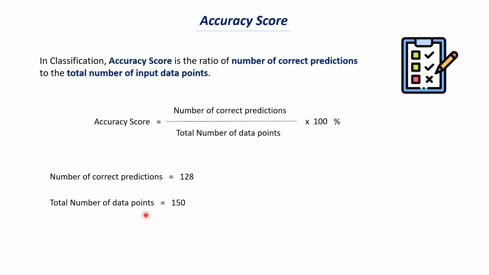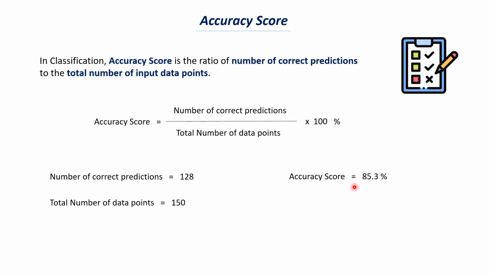Out of these 150 data points, the model has predicted correctly whether the person has diabetes or not for 128 data points. In this case, the accuracy score will be 85.3. If you plug these values into the formula, it will be 128 divided by 150 into 100 percent. If you calculate it, you will get an accuracy score of 85.3 percent. So this is how you can calculate the accuracy score of a model when it comes to classification.